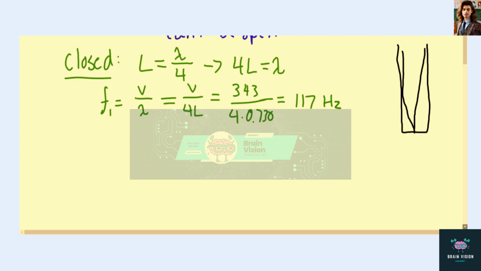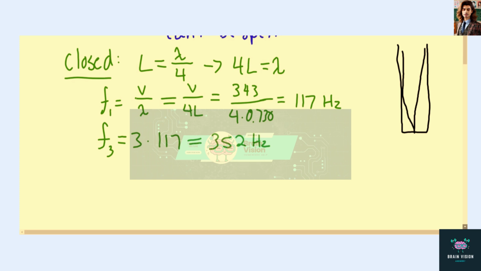So the next resonant frequency of this tube will actually be F3 instead of F2. It'll be 3 times 117 hertz, and if you calculate that, that gives us 352 hertz as the next resonant frequency after the fundamental.